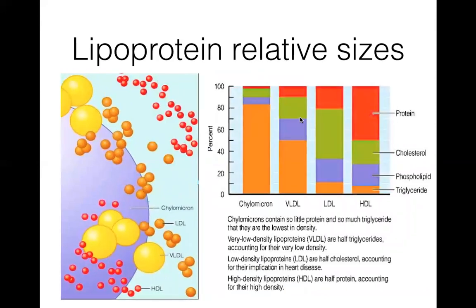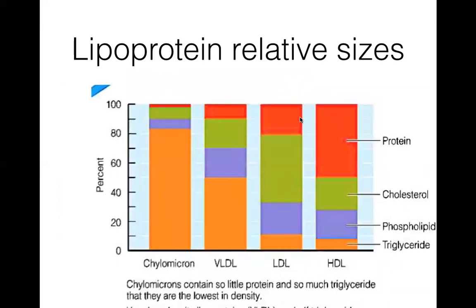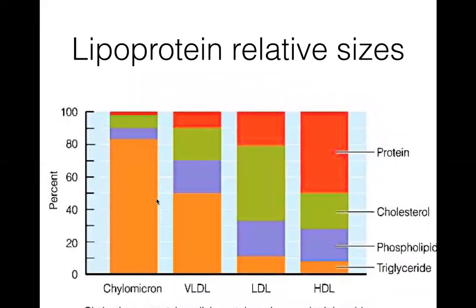Let's take a look at their relative composition. Well, chylomicron is big because it contains a lot of triglyceride, dietary triglyceride, and relatively very few proteins. This is the reason why it's huge, but it is very light because it contains predominantly triglyceride.